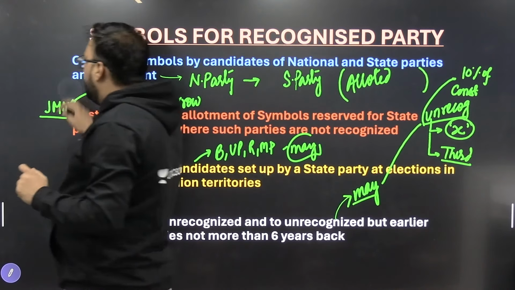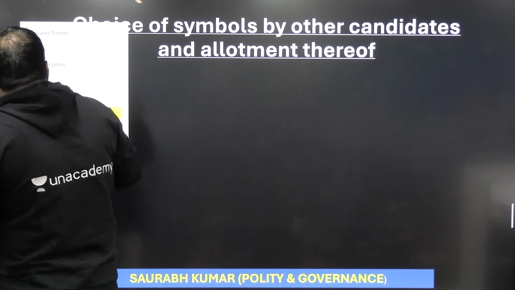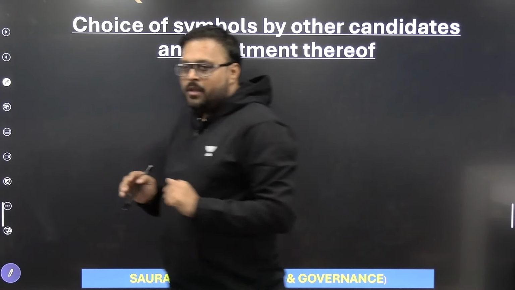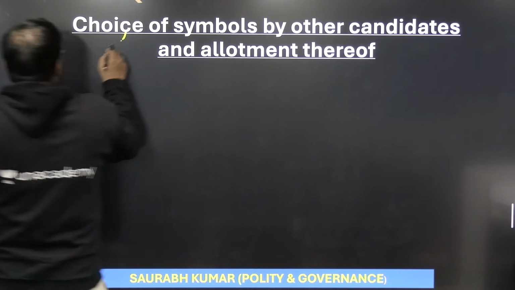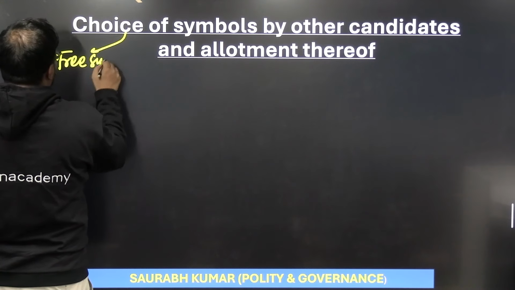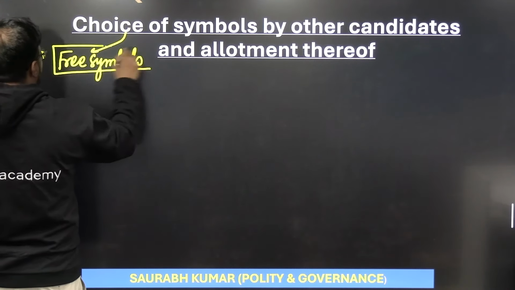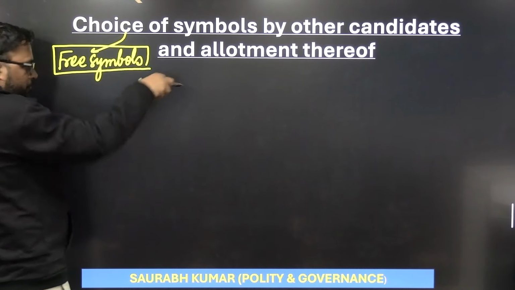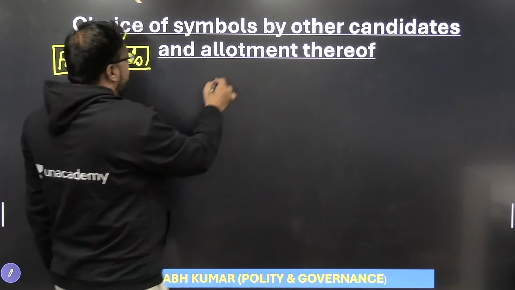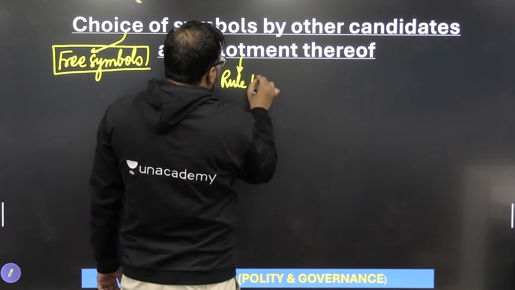Now coming to the next one, the entirely unrecognized political party. Here I am talking about the free symbols. That is, the political party will have to choose from the free symbols. It is regulated as per rule number 12.